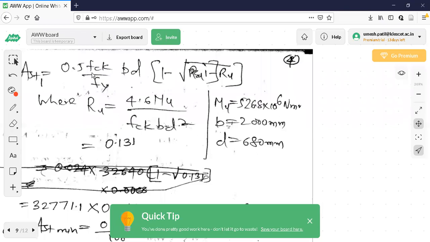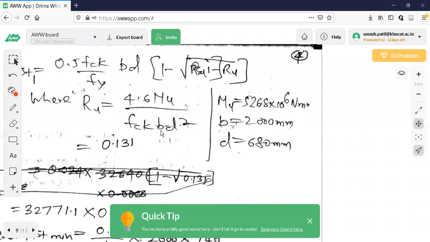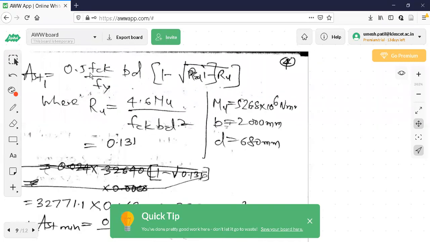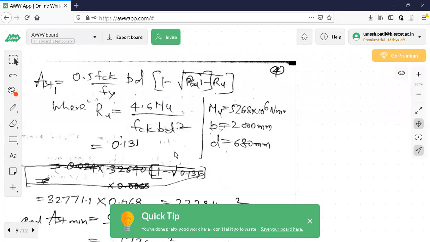So first find out FCK then substitute all that here. So let us say FCK value is, let us say, capital X. So that X here into one more D, it will give you this value. And that X itself, which is FCK, can be kept here. Like this, calculate RU.